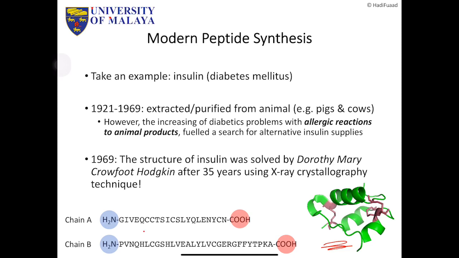Now we know that insulin has this sequence and that sequence, and from there you can push for a chemical synthesis, because before this nobody knew the structure of insulin, nobody knew the amino acid sequence of insulin. So once this structure was solved, it promoted the discovery of the primary sequence, and it pushed the chemical synthesis forward.